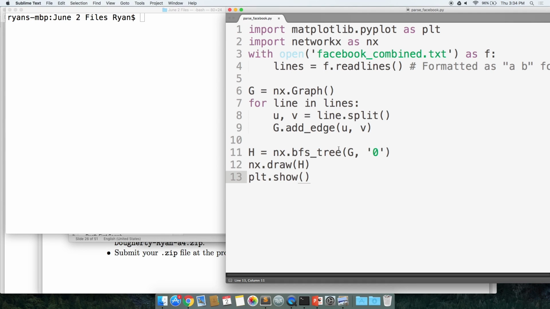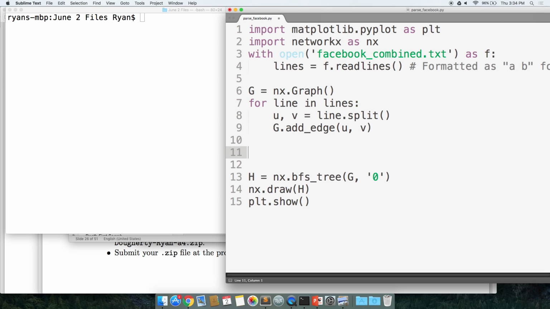But the cool thing we might want to do before I show you is, as a visualization, make the graph drawn with circles as vertices, with lines attached to the corresponding neighbors.